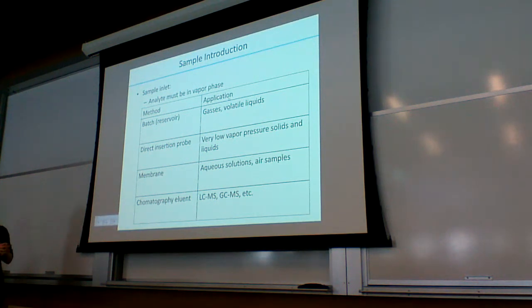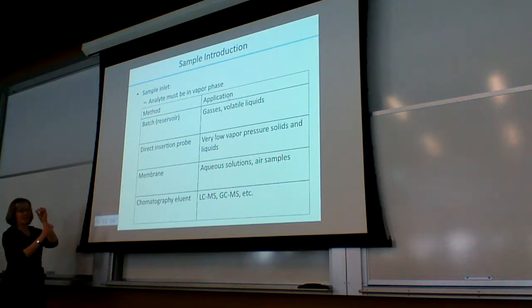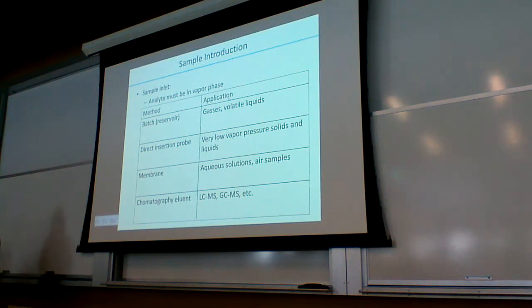Sometimes you just have a wire loop that you put the sample on, and that gets injected into it. And for this one, it's going to heat the loop or the probe after it gets into the source, and then you can vaporize your samples, and they can go into the ionization.